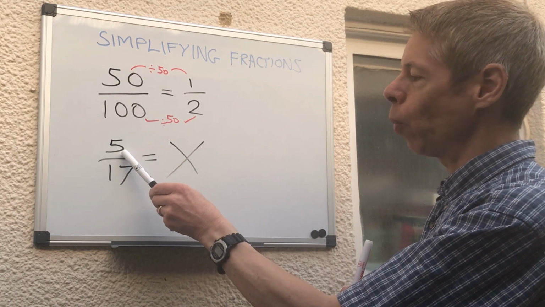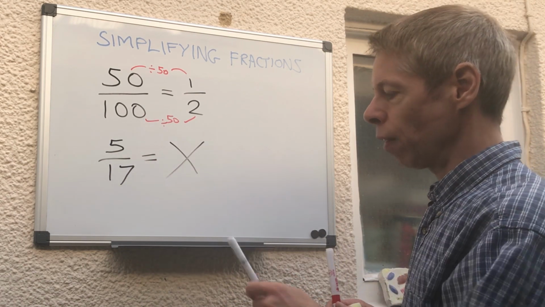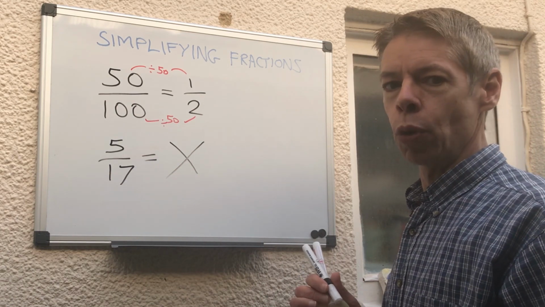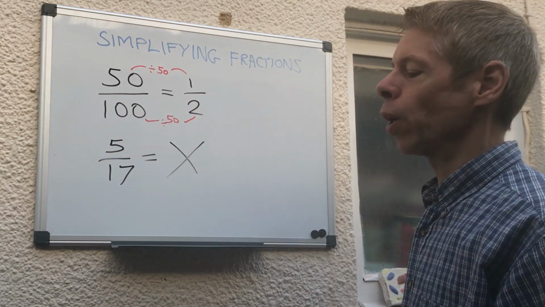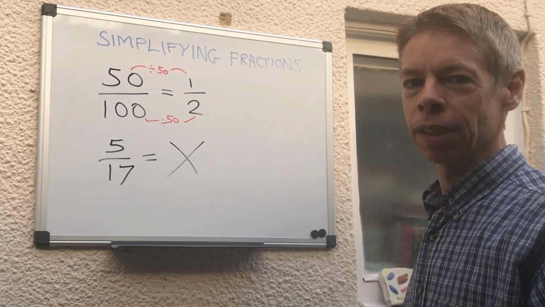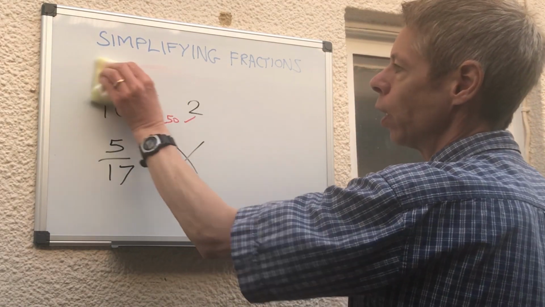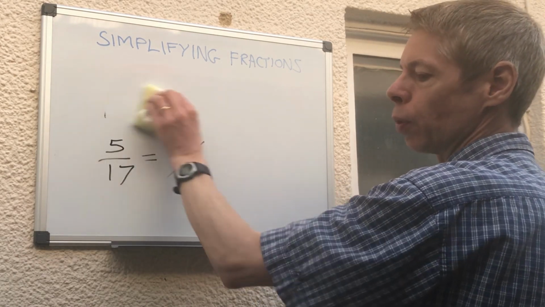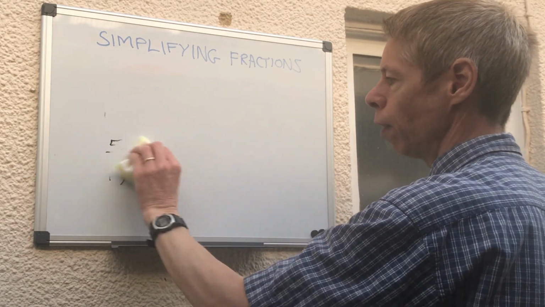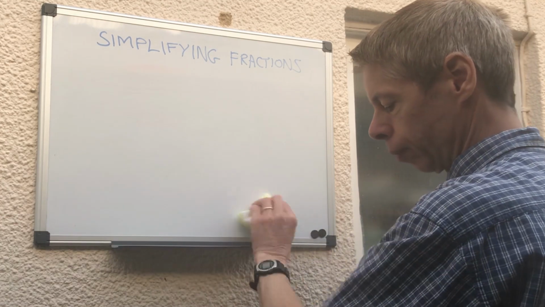So we could divide by 1, but that will still give us 5/17. So you can't always simplify a fraction, but when you can, it just makes things, as the name suggests, more simple. Okay, so let me show you how to simplify a few fractions.